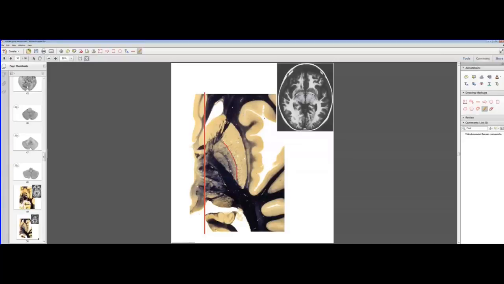How about this whole thing here? Would that be the thalamus? No. It would be the globus pallidus. Correct. Okay. So what is this? That's the posterior limb. Right. So the thalamus is medial to the posterior limb. Okay.